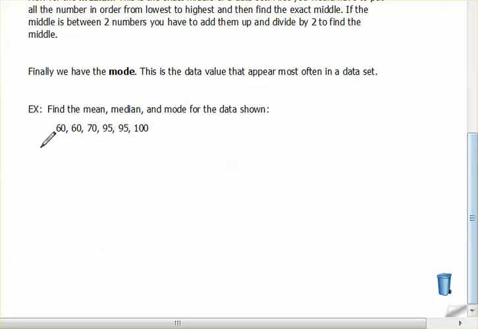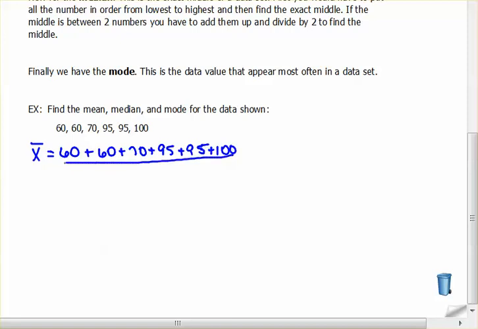First things first, we're going to find our mean, which means we're going to be adding these all up and dividing by 1, 2, 3, 4, 5, 6, because we have 6 data values. So literally we're taking 60 plus 60 plus 70 plus 95 plus 95 plus 100, and dividing all of that by 6.